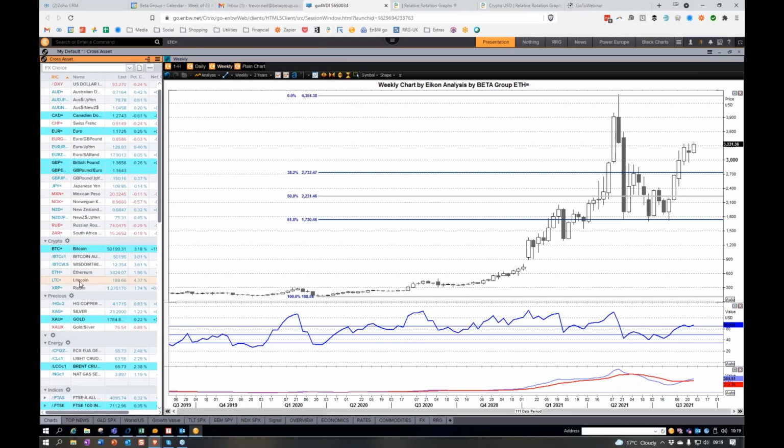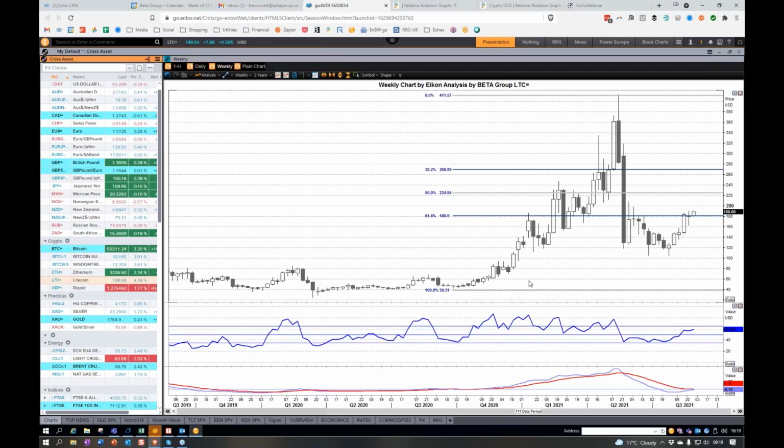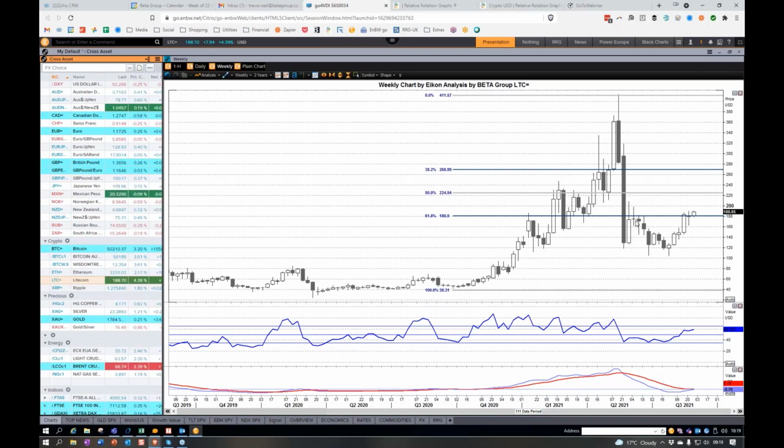But looking at Litecoin, depending on how you look at the charts, it might be the most interesting because it's forming a big base here at a very low level. It was slaughtered in the sell-off, went way, way below 61.8, but it's built a big base here. And some people are calling this a cup and handle pattern. The MACD is about to cross up.